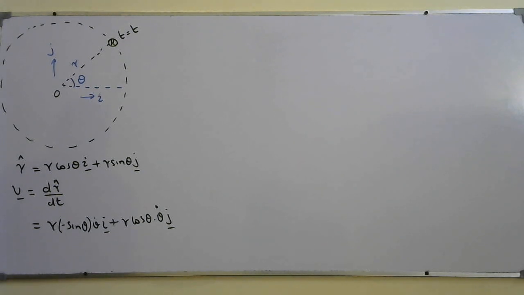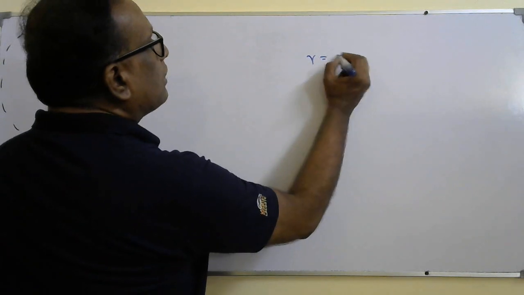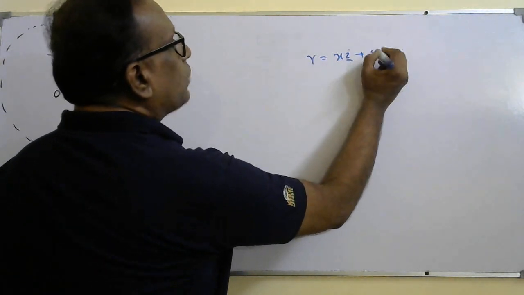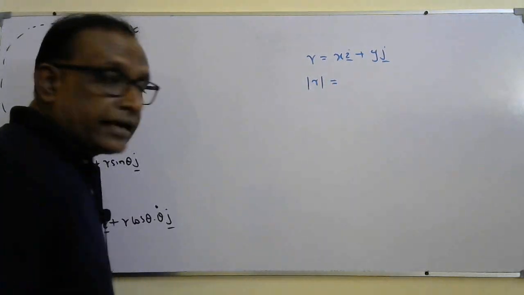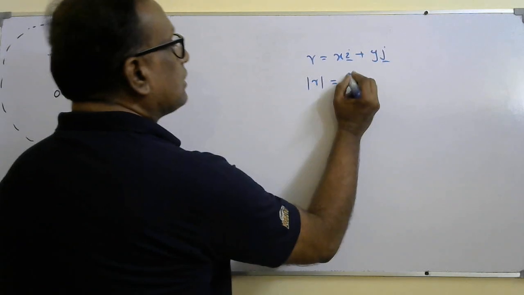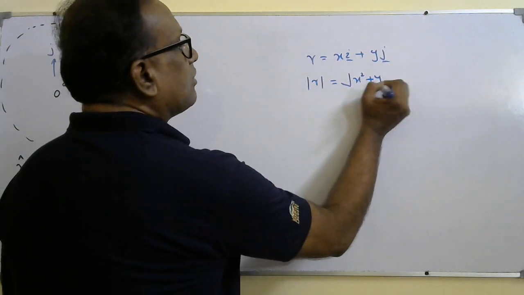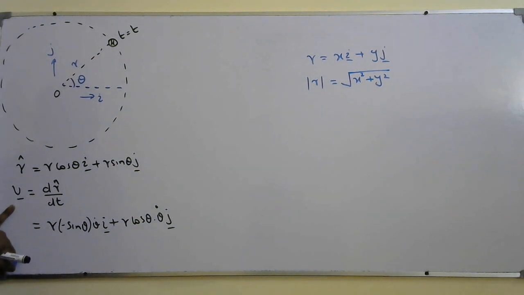Okay, so you know that if there is a vector r equal to xi plus yj, the numerical value or the magnitude or modulus of this vector is given by square root of x squared plus y squared. So what could be the speed? I'm going to find it.